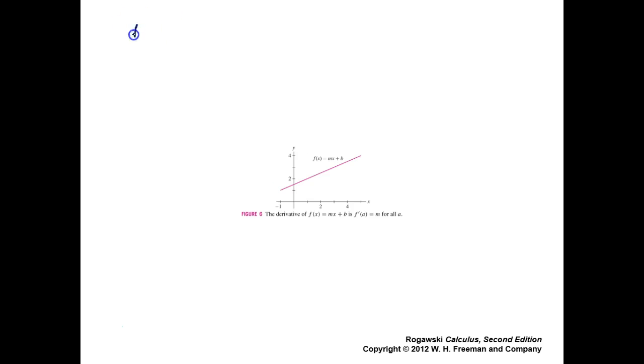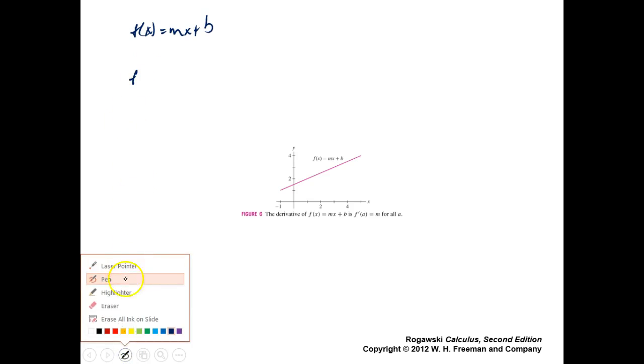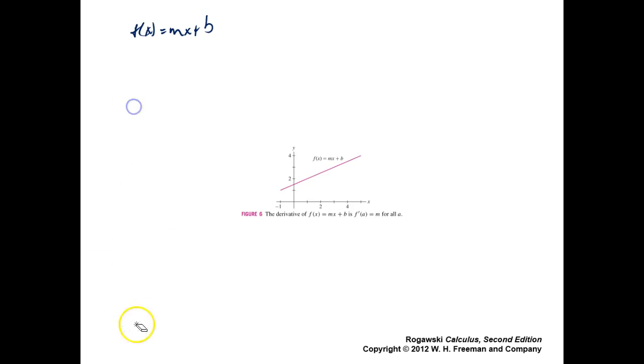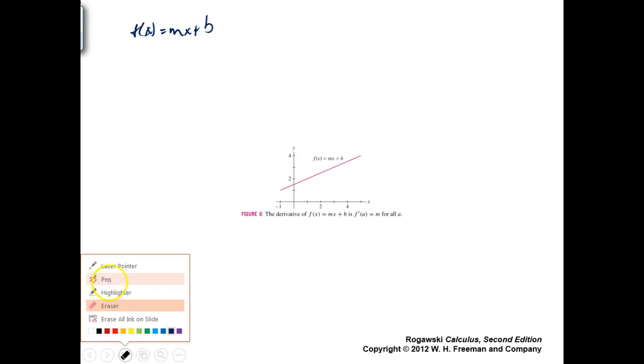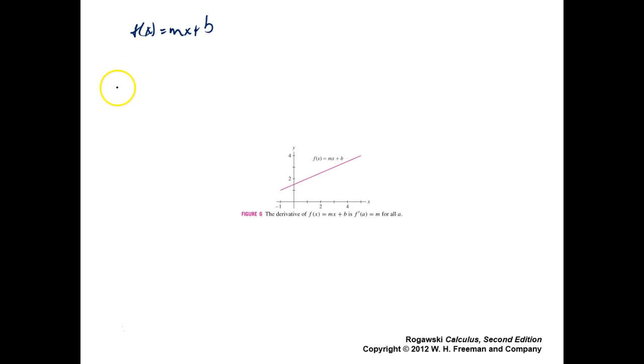For this line, f of x is equal to mx plus b. Let's calculate what the tangent line is. You give me the formula for the tangent line, how we're going to do it. What would be the formula for the tangent line? Y minus what?